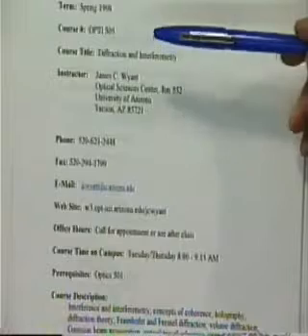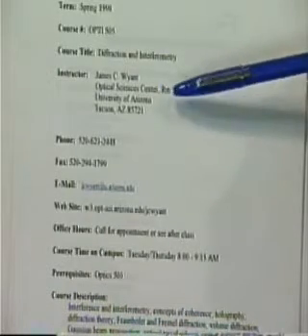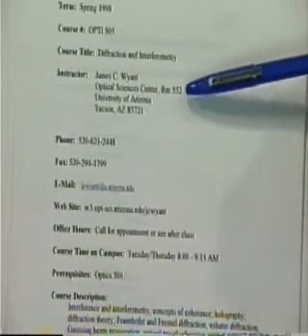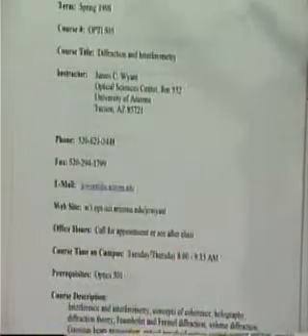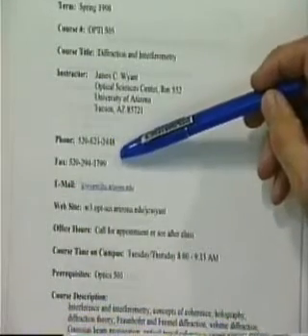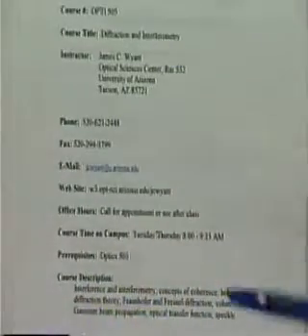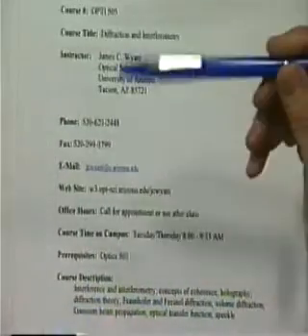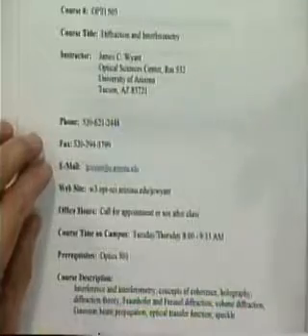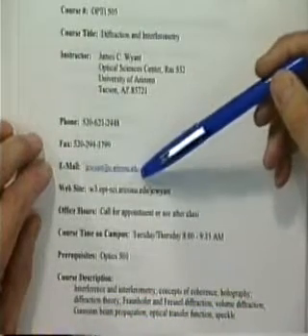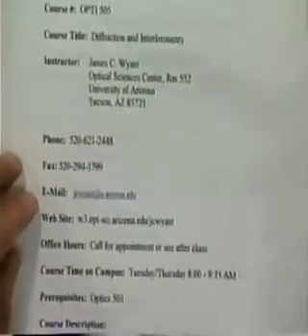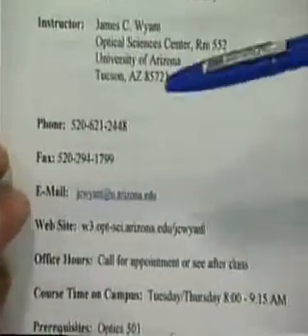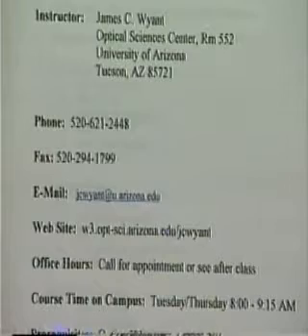First we start out with my name and where I'm located here on campus, in room 552 in Optical Sciences. Phone number where you can reach me. Well, theoretically you can reach me. You can reach my answering machine in any case. Fax number. And then probably one of the best ways of reaching me is the email address, jcwyant@u.arizona.edu.